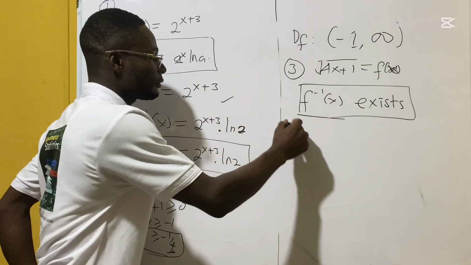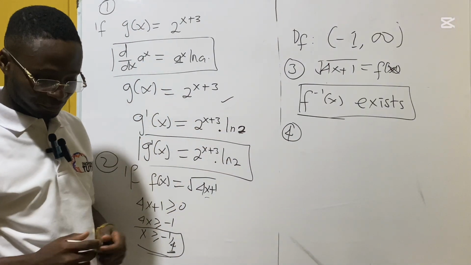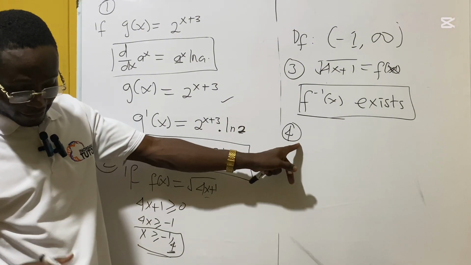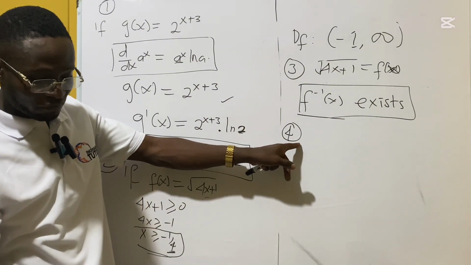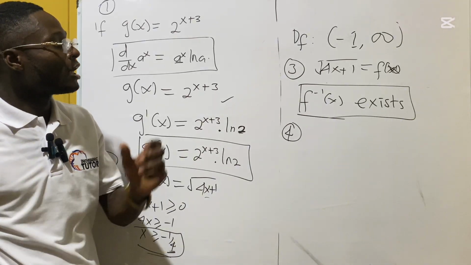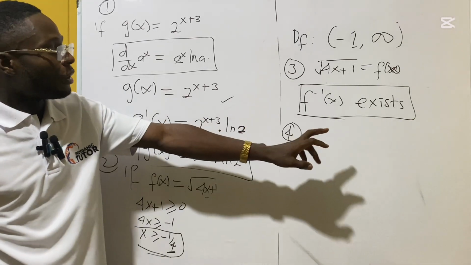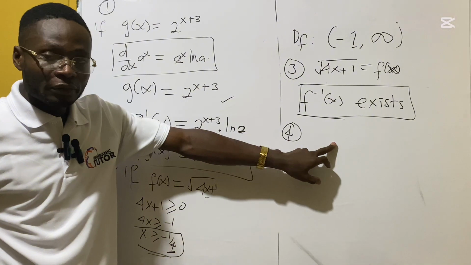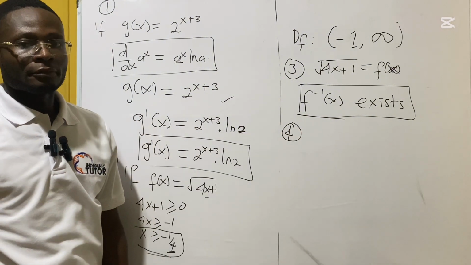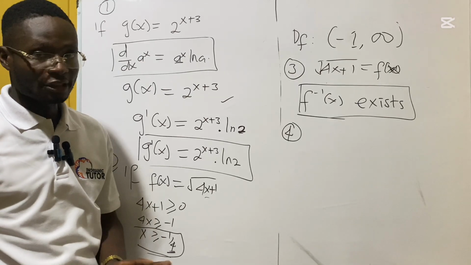All right. Problem number 4 is we are going to find the range of this particular function. For the range of this function, we include 0 but we exclude positive infinity.